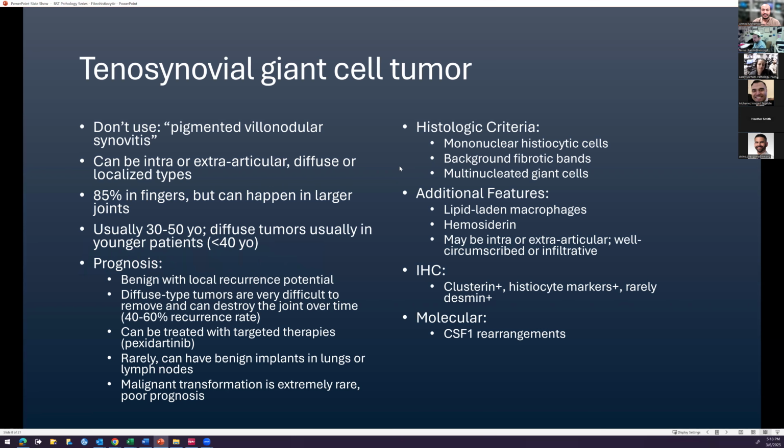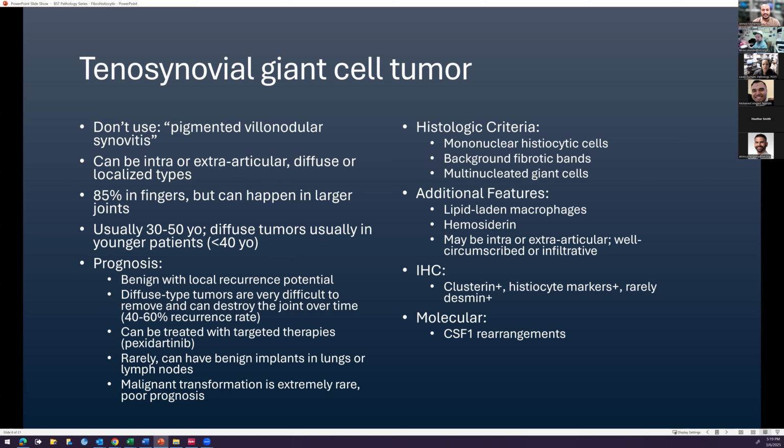Let's move on here. Okay, so tenosynovial giant cell tumor, also called giant cell tumor of tendon sheath, right? So, like I said, these things can be diffuse or localized, right? The diffuse type we just looked at, the first one was a localized type, meaning it's generally a well-circumscribed nodule. And these are generally intra-articular, but a subset of them can actually be extra-articular.